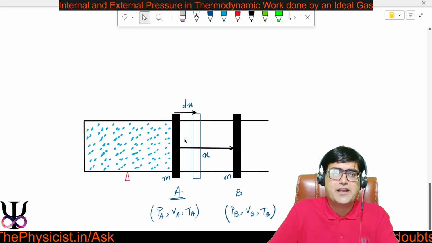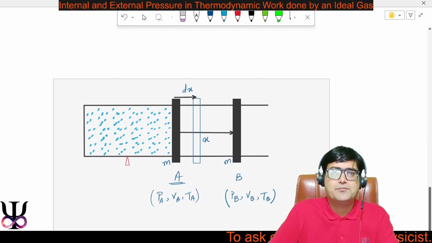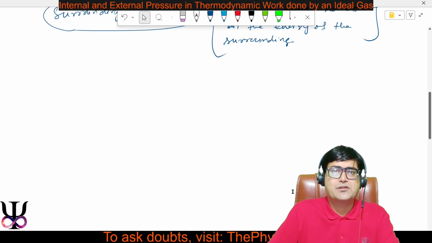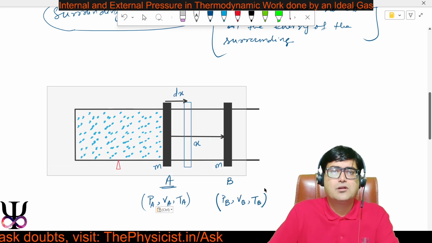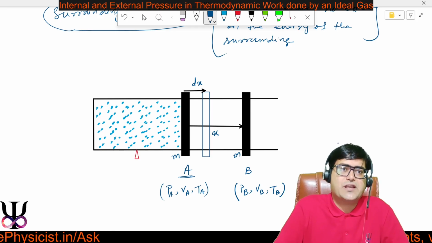I have already taken a diagram here to make it quick. Let me just copy this diagram. Now, understand, imagine we are expanding, it's a rapid process. Let's take a very rapid expansion.